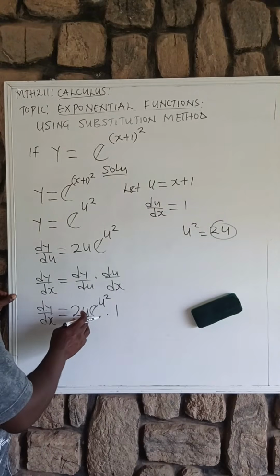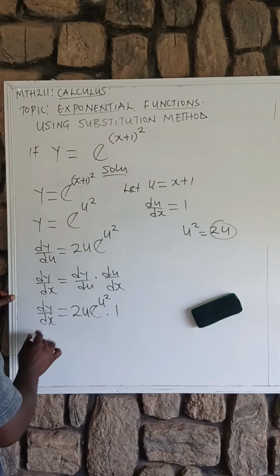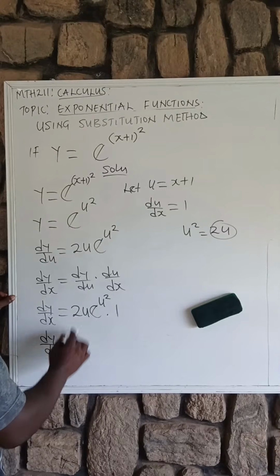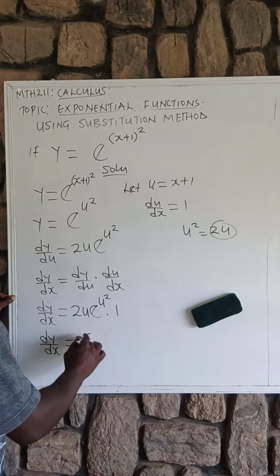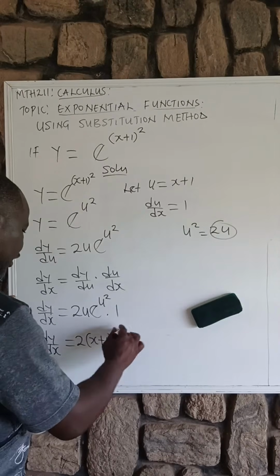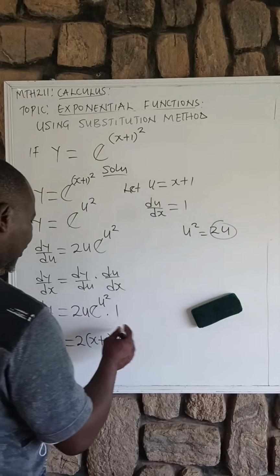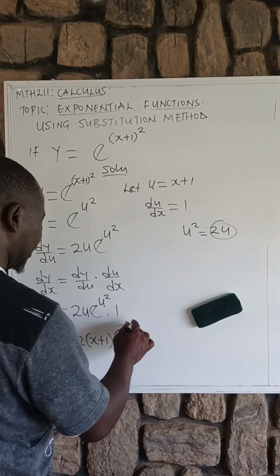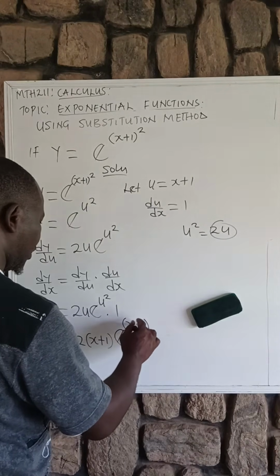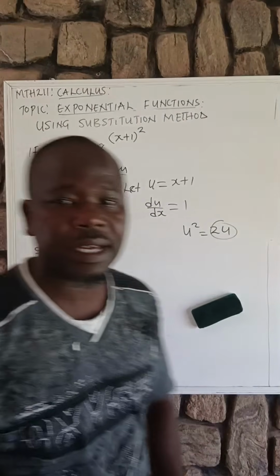Then what is our u? Anywhere you see u, you substitute in this. So our dy over dx is equal to 2(x plus 1) exponential (x plus 1) all squared. This is our final answer.